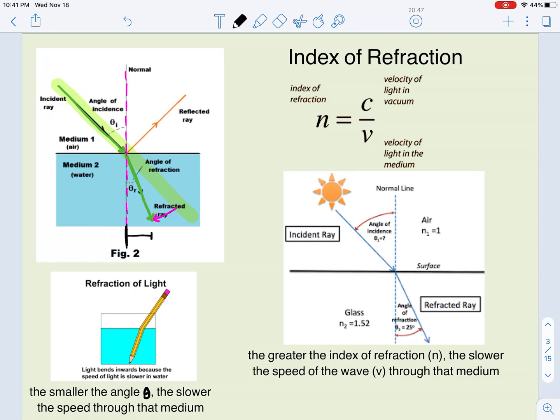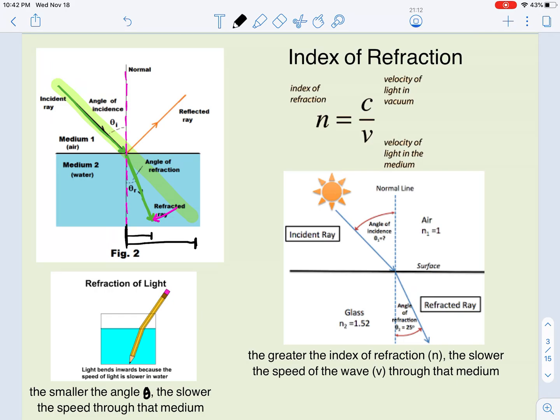If this were a race and we started from the normal line, because this is our reference point, here is how far from the normal line our light actually traveled because of the refraction. But if it did not travel into the water, but it stayed in the air, this is how far from the normal line it should have traveled.